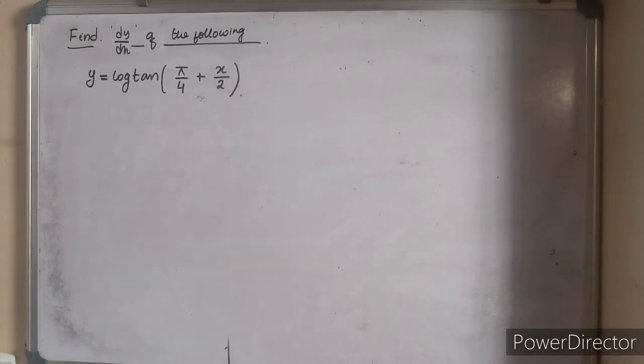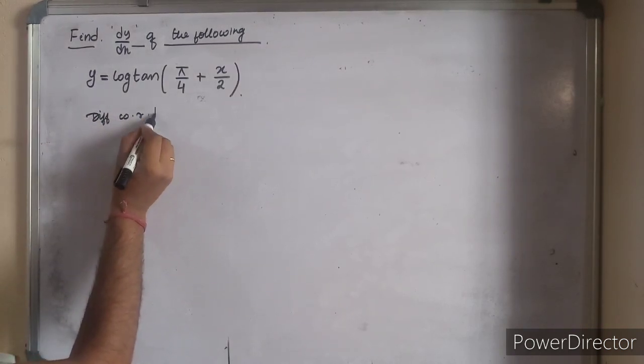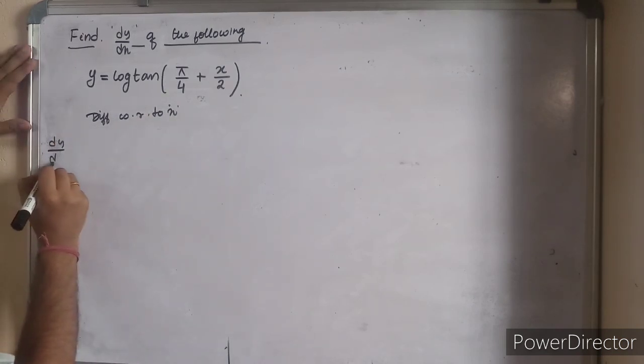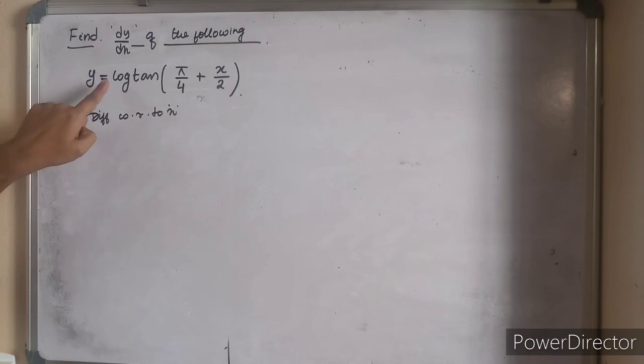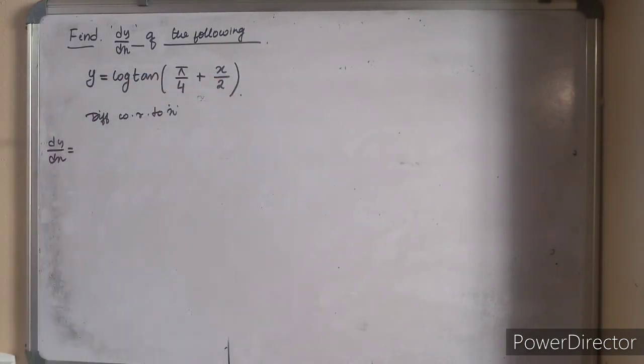And now I'll differentiate this equation. Differentiating with respect to x, dy upon dx equals, first of all you have to differentiate log. If you differentiate log, the remaining quantity is considered as x.